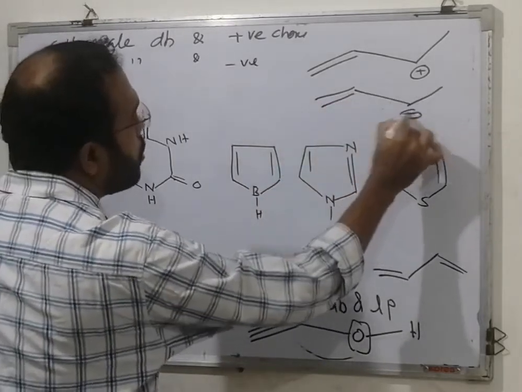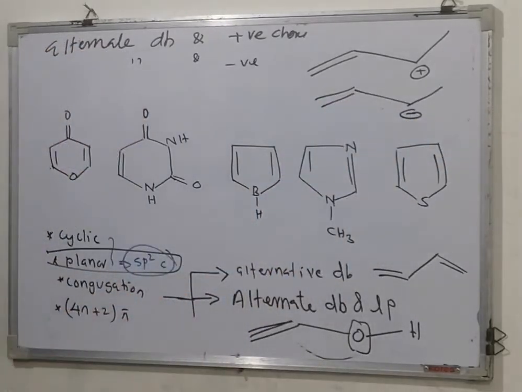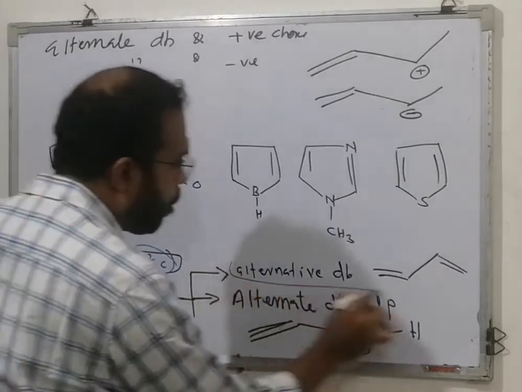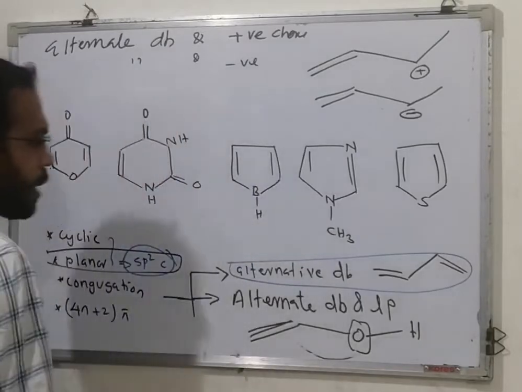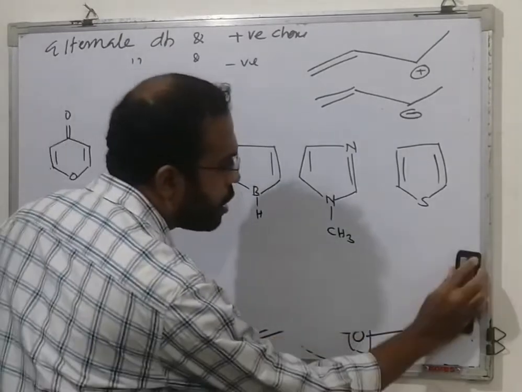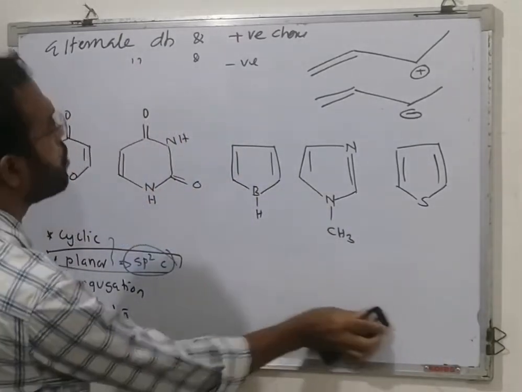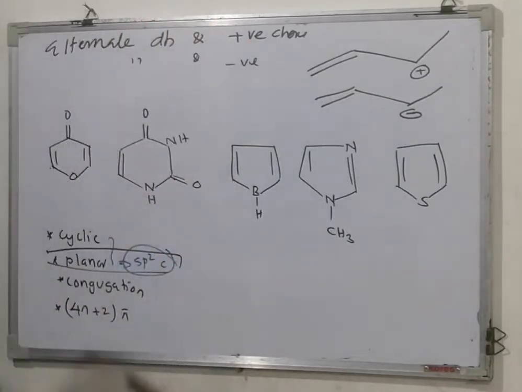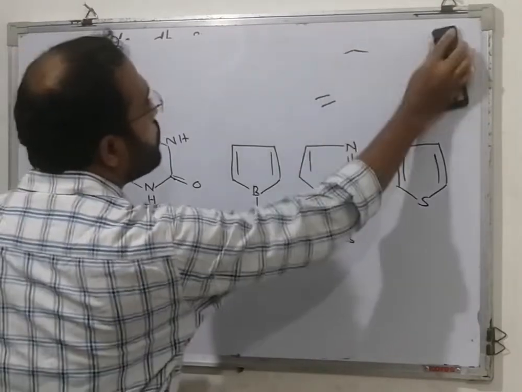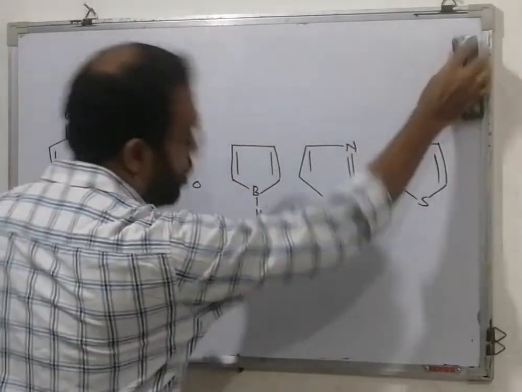There is also conjugation. Therefore, alternate double bonds, alternate double bond and lone pair or heteroatoms, alternate double bond and positive charge, alternate double bond and negative charge. Okay?